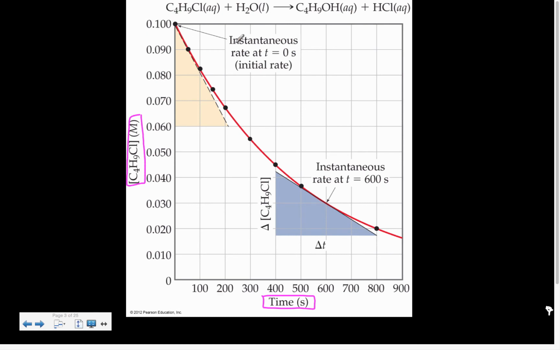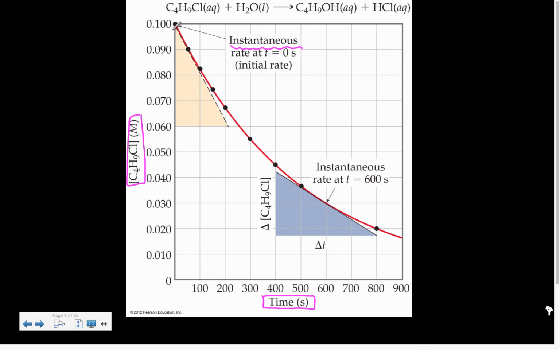One, instantaneous rates: the rate at a given time, so the rate at T0, or the rate at T100, T200, 300, 400, etc., is always going to be the slope of the tangent. When I have a concentration versus time graph, the instantaneous rate is the slope of the tangent. So with the tangent line, you do the triangle, rise over run, and that will give you the instantaneous rate at a given time.